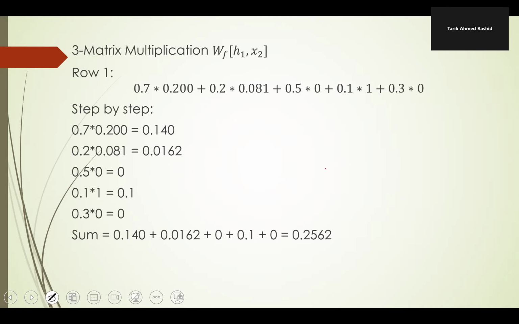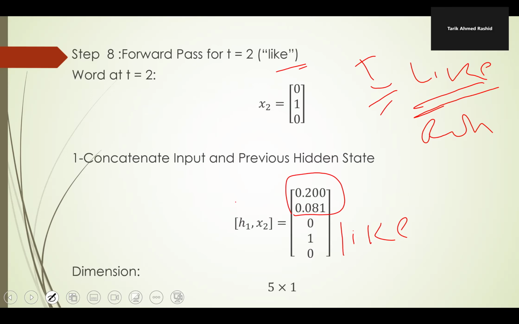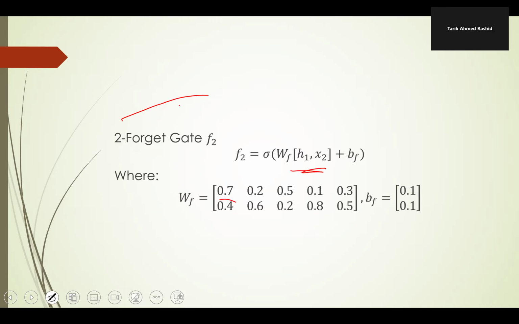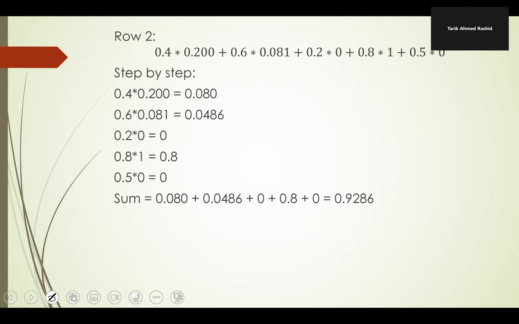Okay, and that would be the output for it. So this is the weight matrix: 0.7 multiplied by 0.2, multiplied by 0.8, I mean here. So this one is multiplied by that weight matrix. The result is that one, and for row 2 it is this one.